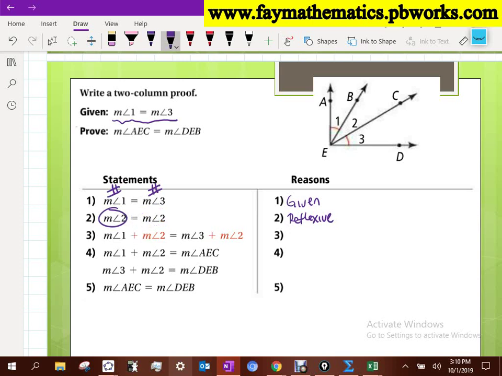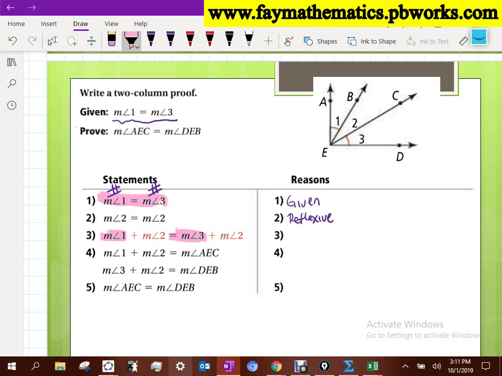So then, if we look at that statement right there, the statement 3 looks a lot like it. What I've highlighted is the same, right? But what did we do to statement number 1 to generate statement number 3? You added something to both sides, right?